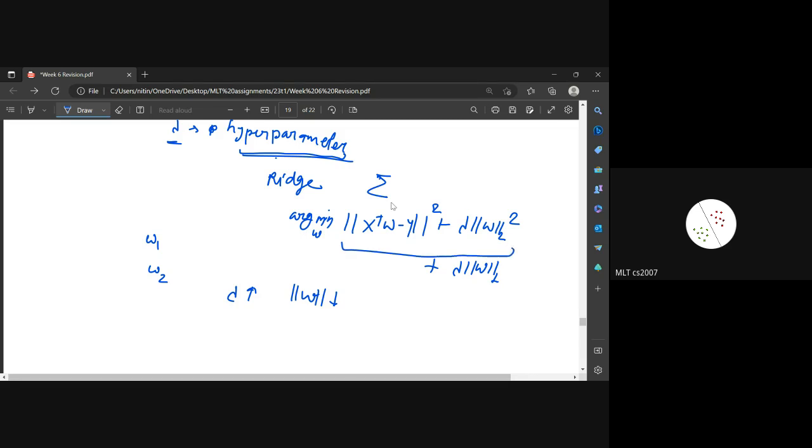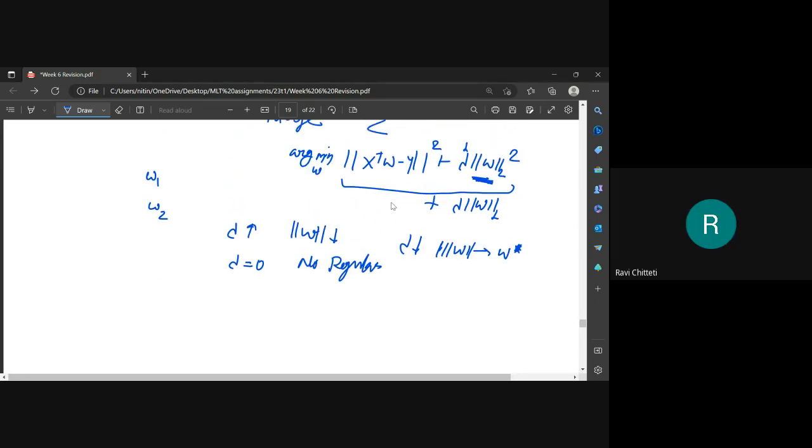So if we keep increasing lambda, you have to make sure that this decreases. Similarly, if you choose lambda equal to 0, it means no regularization. The other way around is also true. If you decrease lambda, your W vectors are not penalized much, and they are closer to your W star that we obtain using maximum likelihood.